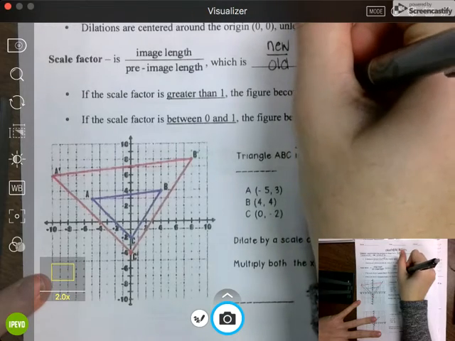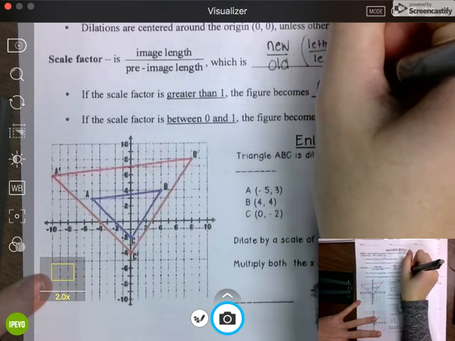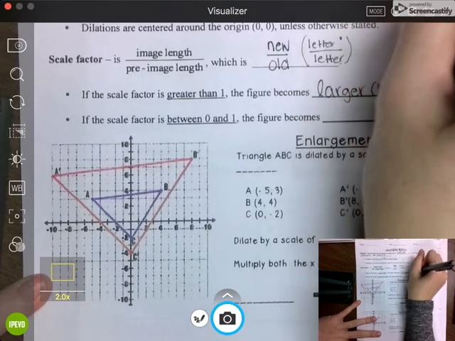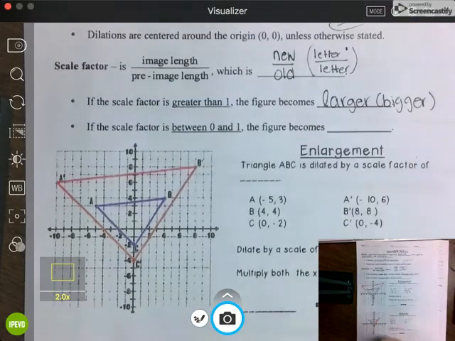So this would be larger or bigger, right? Whereas if I multiply it by a factor that is between 0 and 1, so if I take 6, the same number, and I multiply it by 1/2, is that going to become a bigger number or a smaller number? Smaller.